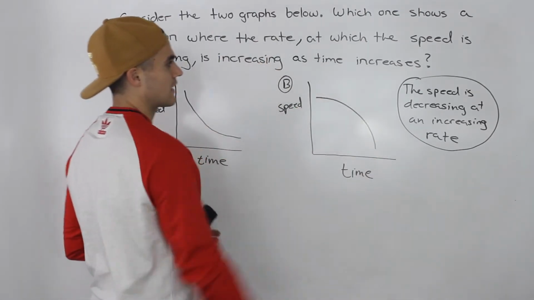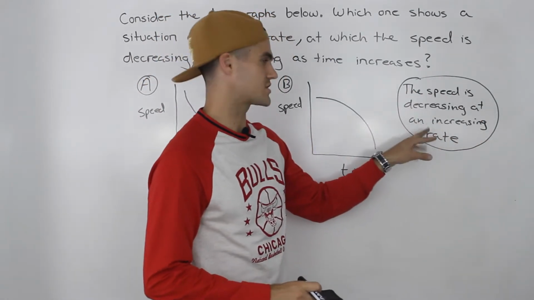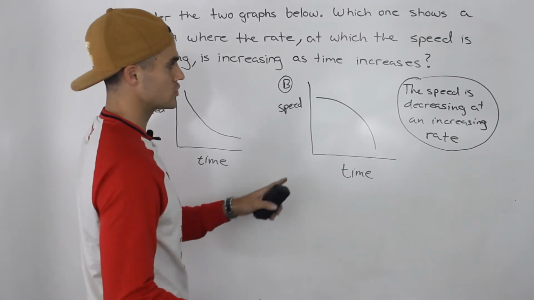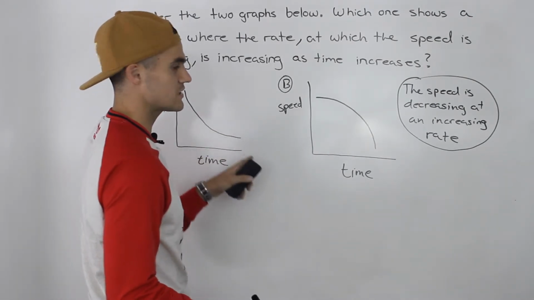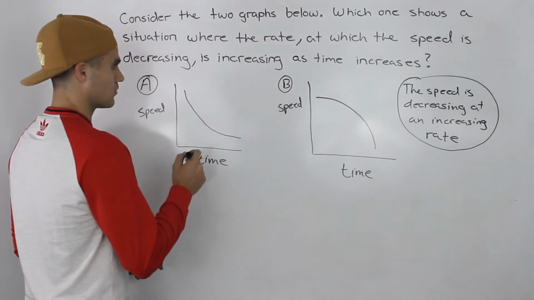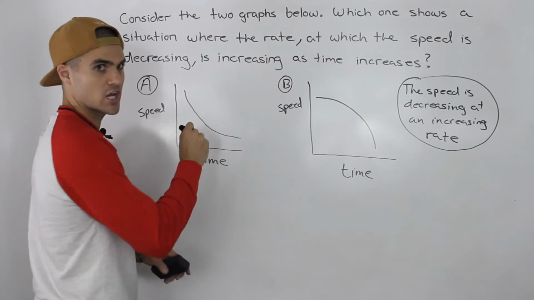I just took that and rewrote it into hopefully easier words to understand. So the speed is decreasing for both of these, but which one is decreasing its speed at an increasing rate? They're asking for which graph shows the rate of change increasing.